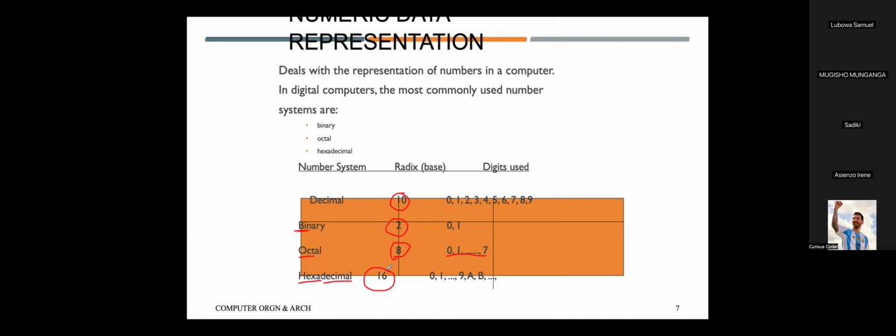Suppose a person is asked to define binary number systems, and I say that these are base two number systems.